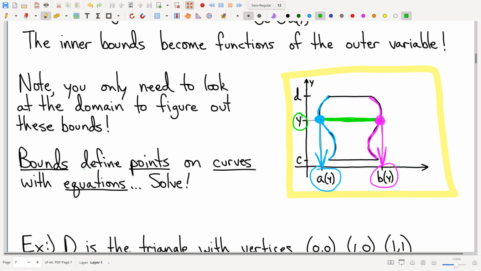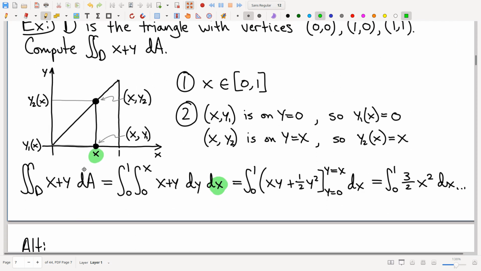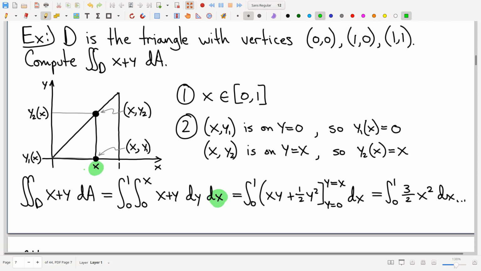And then I will solve for whatever the inside variable is that I'm trying to find the bound of, to get the lower bound as a function of the outside variable. Same thing here, variables reversed. Again, it doesn't matter which way you slice. For this value of x, looking at that x slice, now I'm interested in how y varies along that slice.